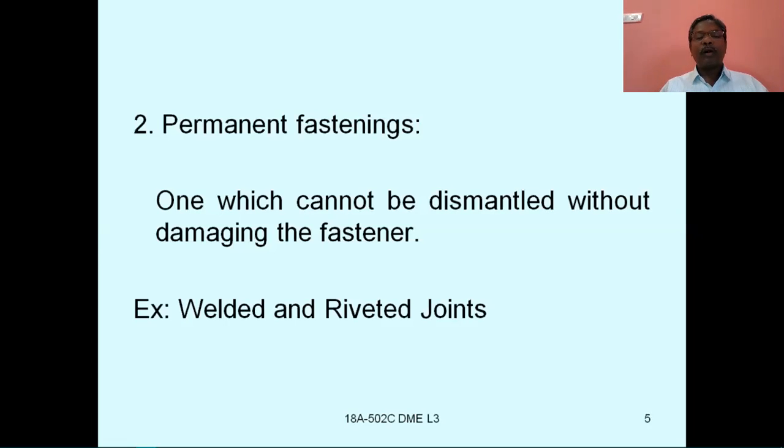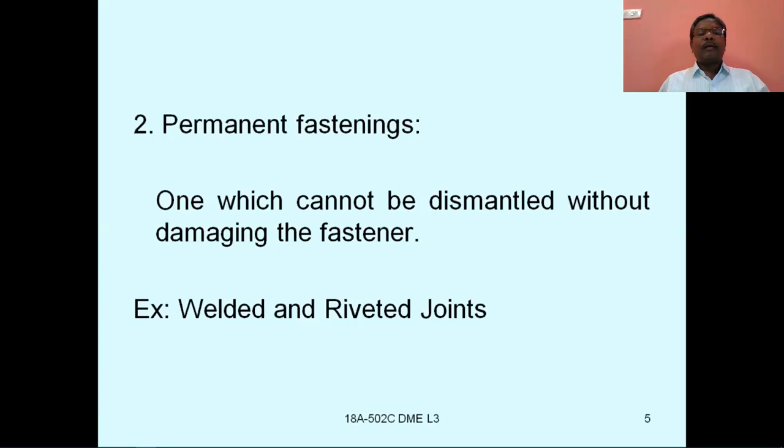Once two parts are joined by welding, they cannot be separated without damaging the joint. Similarly with riveted joints, we have to damage the rivets to separate or dismantle the joints. So these are the two types of fastening.